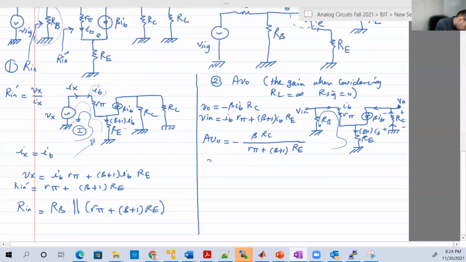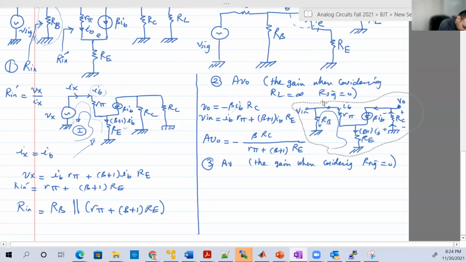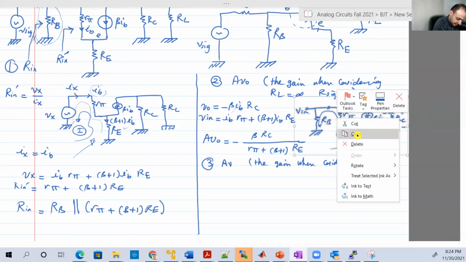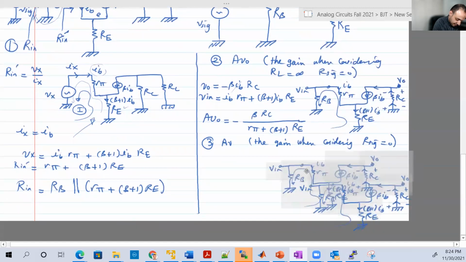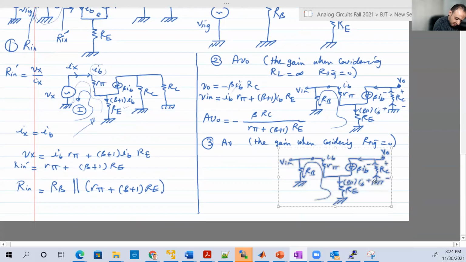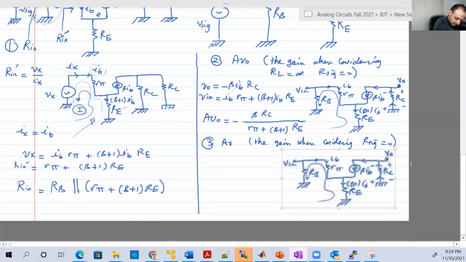So number 3, AV. AV is the gain when considering our signal equal to 0. So RL is there. We're gonna have the same circuit, so I'm gonna just copy and paste, and we're gonna add to it our load.